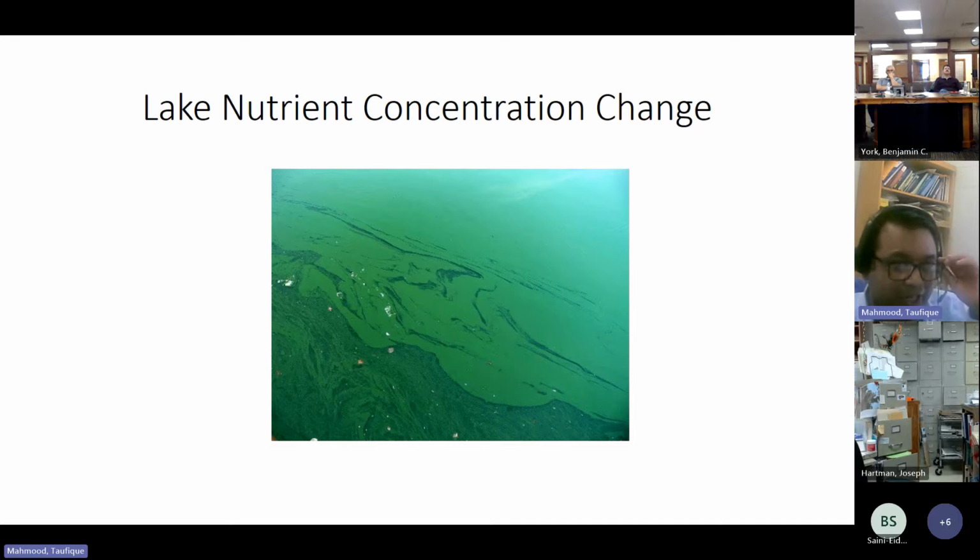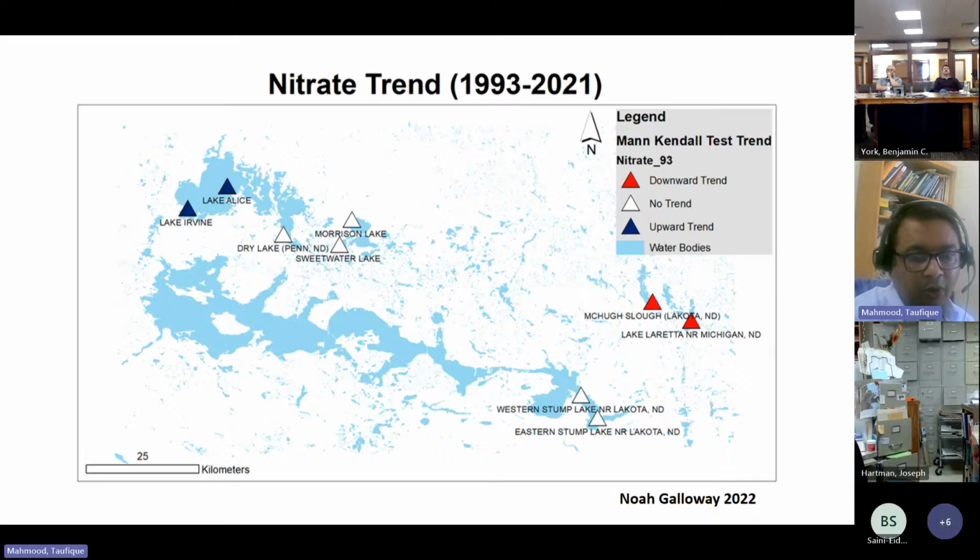I have a few more slides on the Devils Lake lake water concentration. This is work from Noah Galloway for his senior thesis. We looked at the nitrate trend from the USGS concentration data for the chain of lakes from 1993 to 2021. These are the results of the Mann-Kendall test.